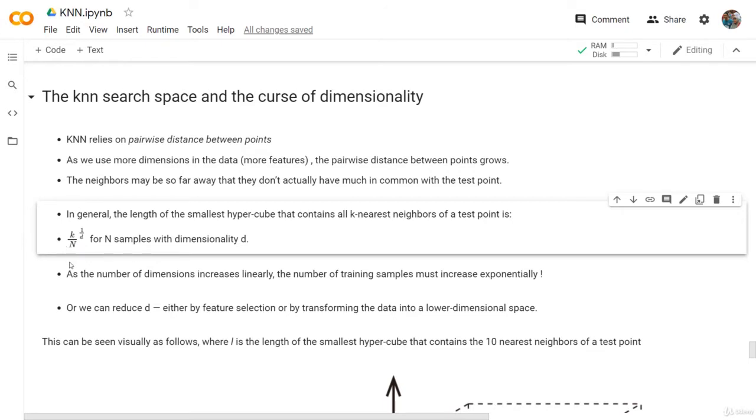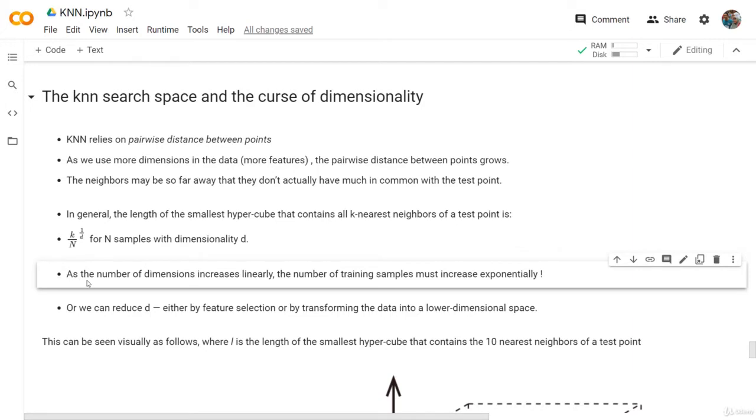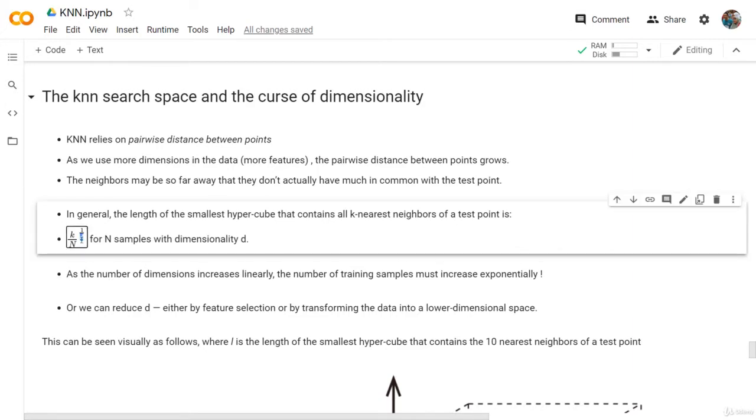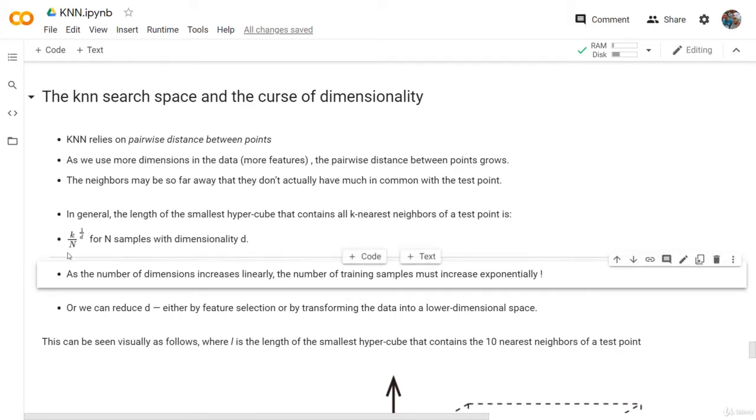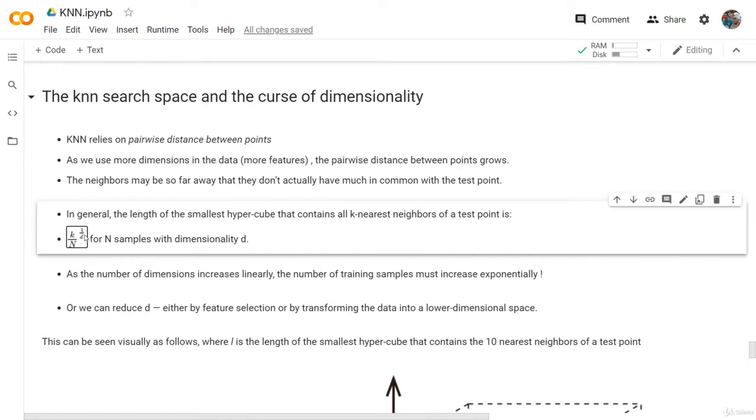If the number of dimensions increases linearly, say from two features to 4 features, then the number of training samples n must increase exponentially, because here we have an exponent.